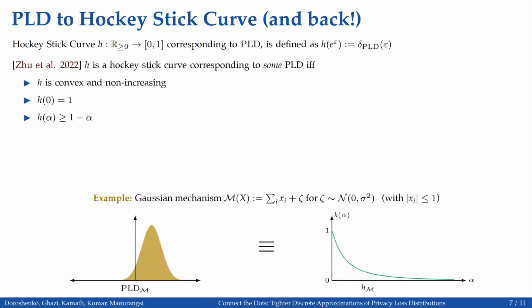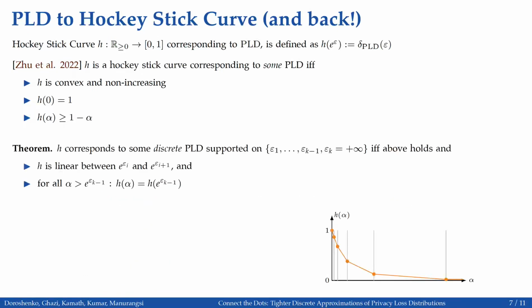In a recent work, Zhu et al. showed that a hockey stick curve corresponds to some PLD if and only if it satisfies certain properties, namely that it is convex, non-increasing, h of 0 is 1, and h of alpha is at least 1 minus alpha.